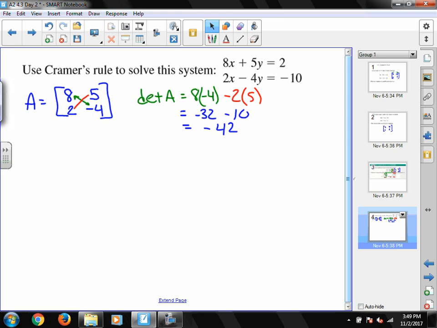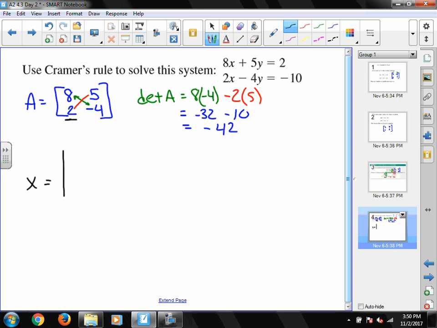Next thing we're going to do, we need to find our x value. So x is going to equal, I'm looking for my x value, so I'm going to replace my x values from A, this 8 and 2. What am I going to replace those with? Well, 2 and negative 10 are going to go in there. Other than that, I plug in my y values, 5 and negative 4, and that's still divided by that negative 42.